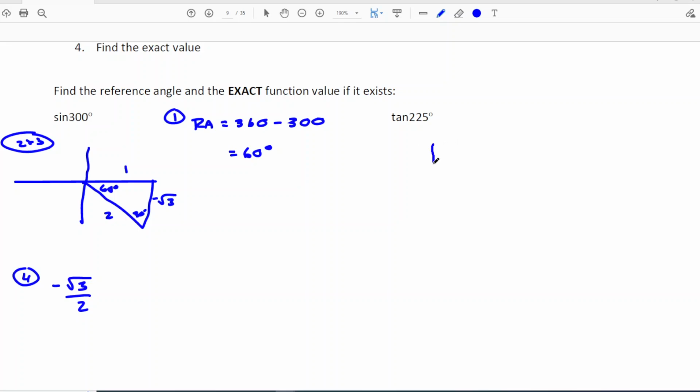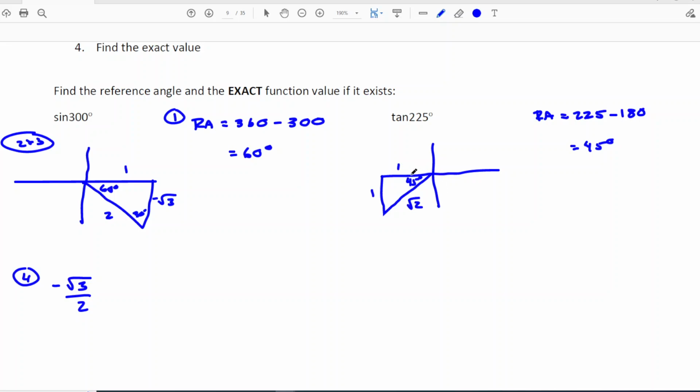So 225 degrees, which quadrant is that going to be in? Well, it's going to be in quadrant 3 because it's more than 180. So to find the reference angle, we're going to do 225 minus 180, which gives us 45 degrees. That tells me that the angle made with the x-axis will be 45 degrees, which makes it my 1, 1, root 2 triangle.